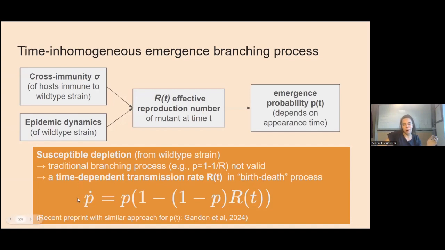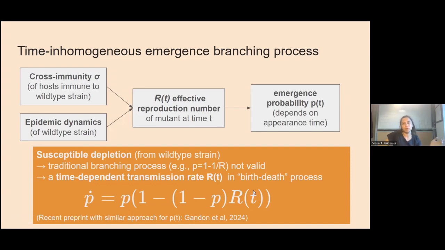And obviously, I'm not going through the derivation here, but you can get to this ordinary differential equation for the probability of emergence that has the R number there, and that depends on time. So obviously you cannot solve this very easily, but there's been a recent preprint with a similar approach, and a few others.